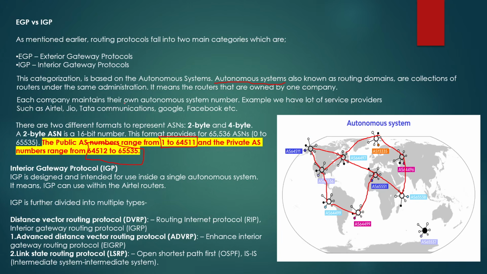They establish communication with EBGP. Airtel is one autonomous system number, Jio is another. Between them we configure EBGP, external BGP. Guys, understand what I'm saying? That is how communication happens from one network to another, Airtel network to Jio network.